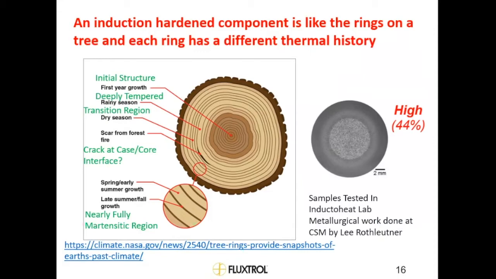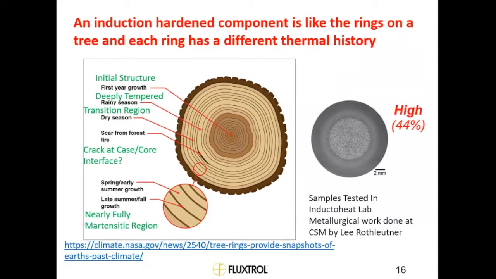Each ring of a tree is formed and has certain properties based on the conditions that it went through in its life. The strength of the overall tree is really the sum of all of those rings. And it even looks a little bit like a case hardened example.